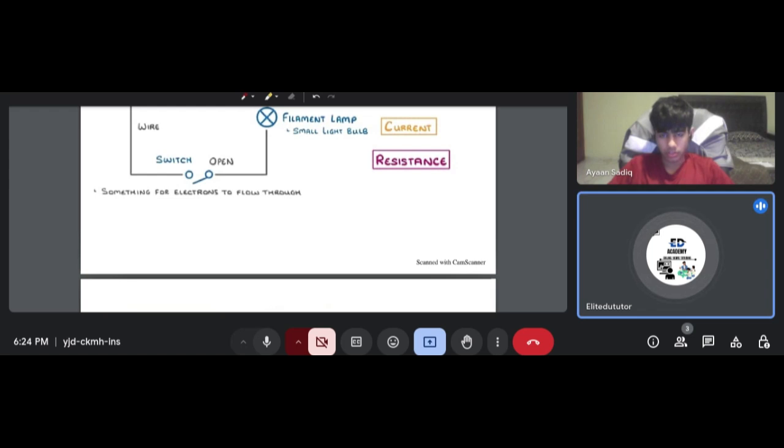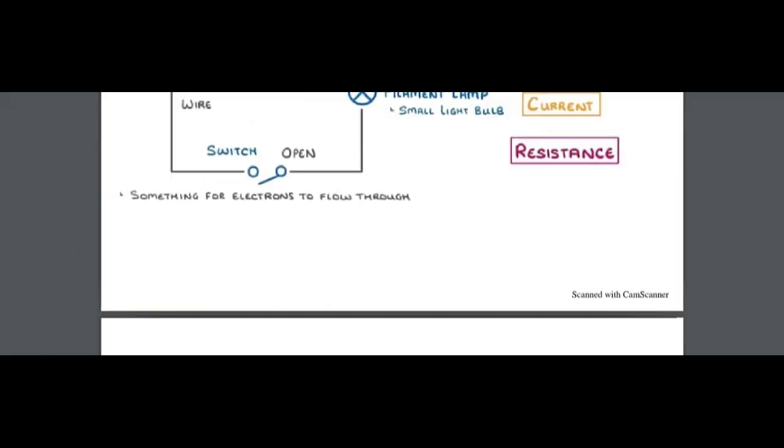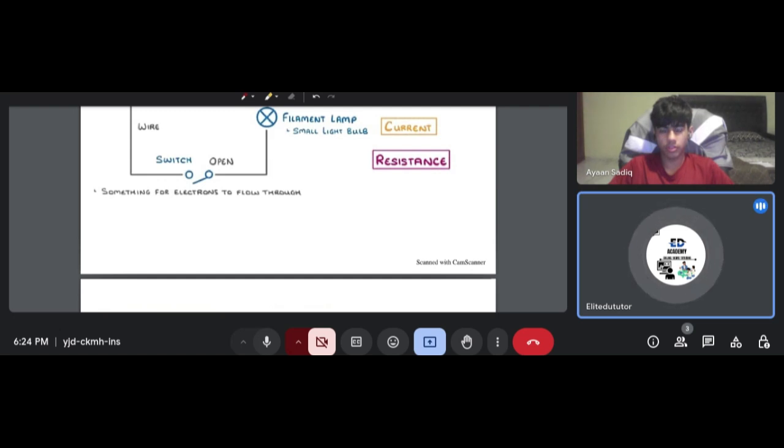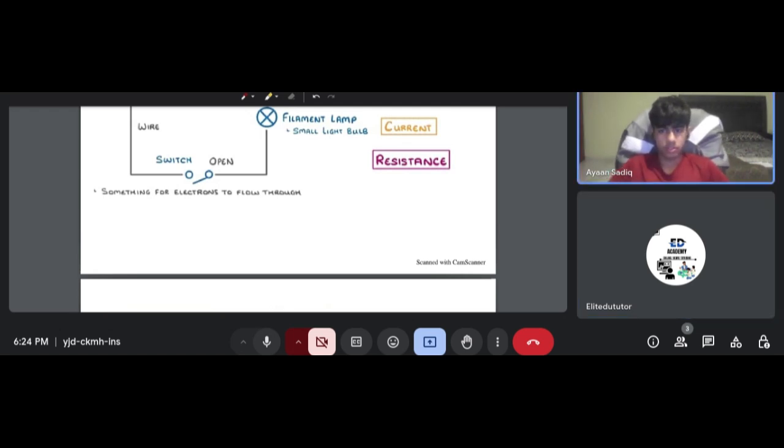In which unit is potential difference measured? Volts. Very good. And the explanation according to the circuit: the voltage measures how much the current is being flowed in the circuit. Okay. So potential difference is produced between 2 points. What are those 2 points? Between the negative and positive terminals. Very good.